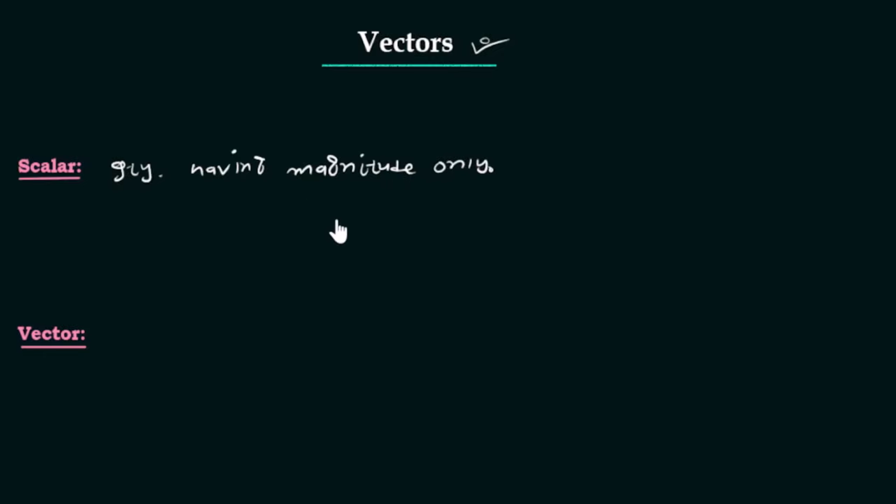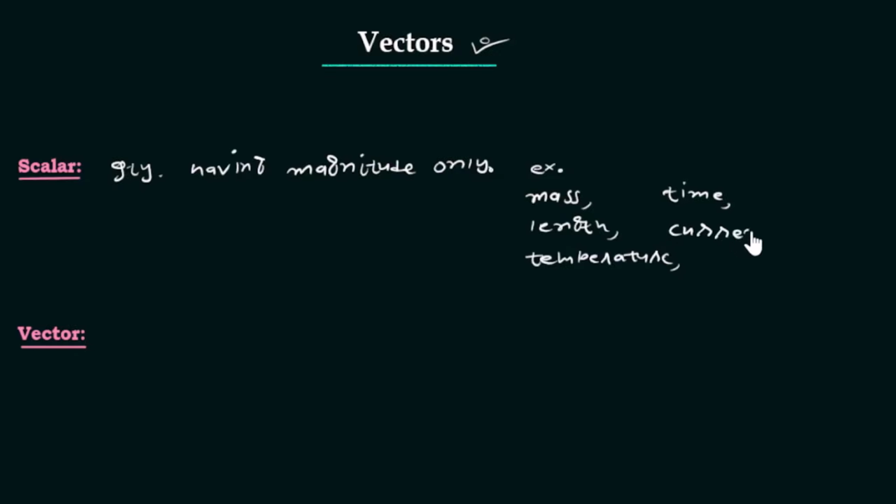In such kinds of quantities, we can have examples like mass, length, temperature. Also, time is a scalar quantity. Then current is also a scalar quantity. So these are a few quantities which are scalars. Basically, a scalar is a quantity having only magnitude.